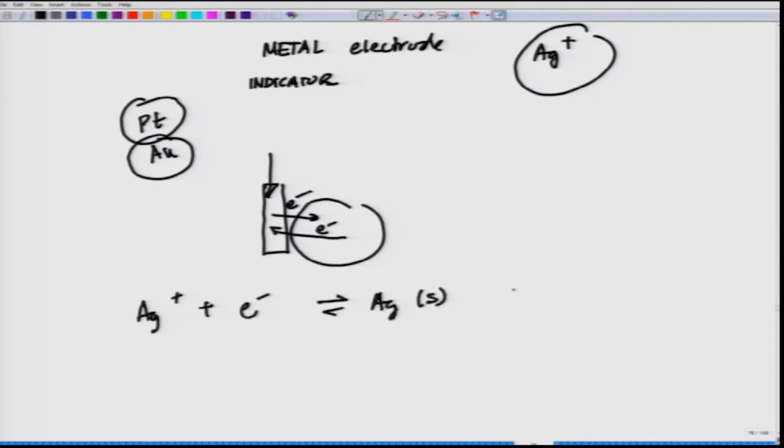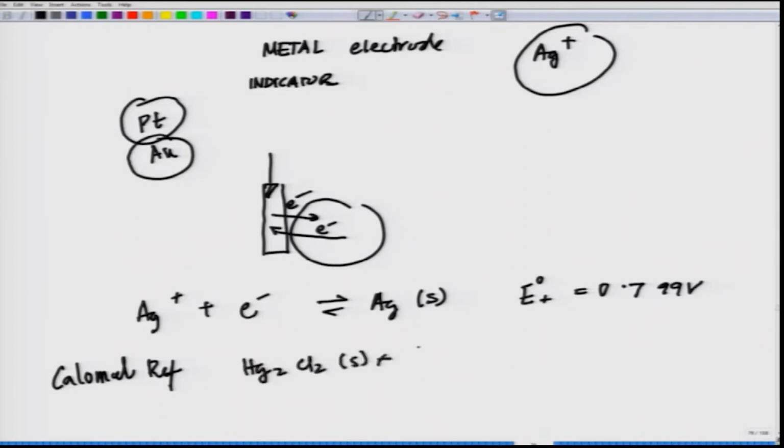Ag solid, where E0 is equal to 0.799 volt, and with reference to a calomel electrode, we have already talked about the calomel reference electrode, which is Hg2Cl2 solid plus 2 electrons leading to 2 Hg liquid plus 2 Cl minus, okay, and here E0 is equal to 0.241 volt.